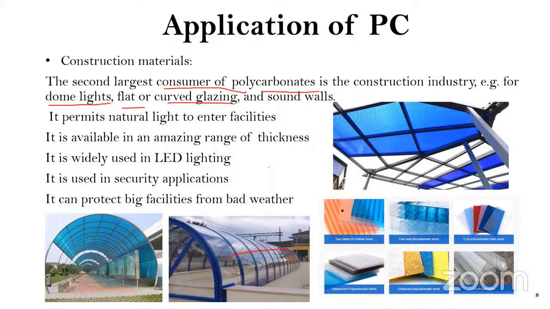If you see, different kinds of PC sheets are available in the market. This is a very special kind of PC sheet, the two side UV protected sheet, meaning both sides have UV protection, and this is your four wall polycarbonate sheet. So they bring different kinds of innovation with the PC for market demand.